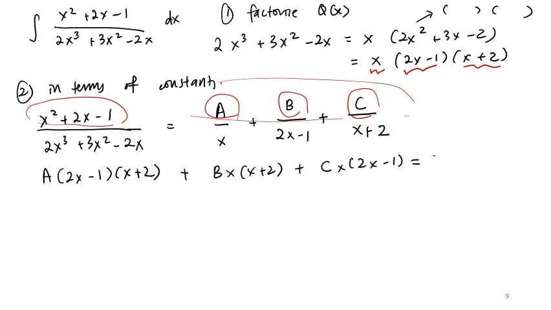That would be equal to x squared plus 2x minus 1. So you solve this system of equations to find the values of a, b, and c. Just follow.